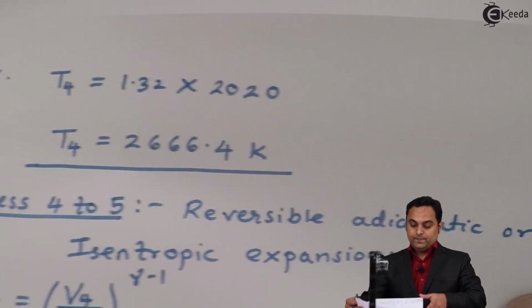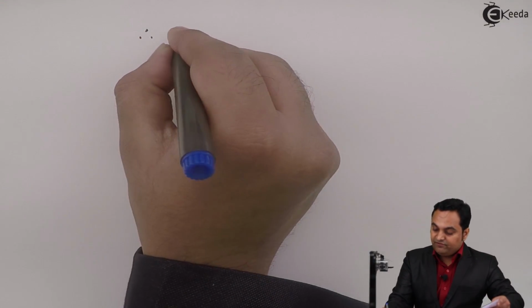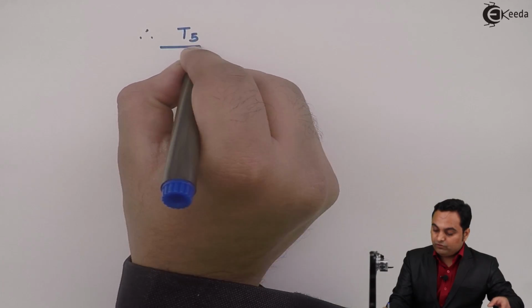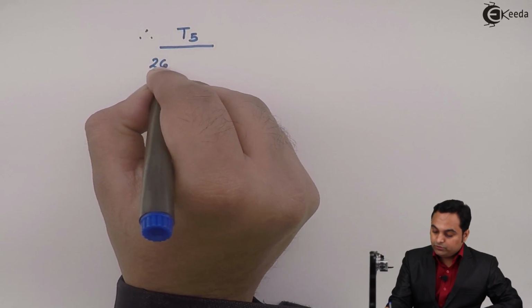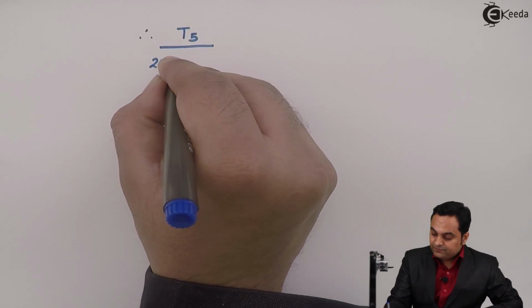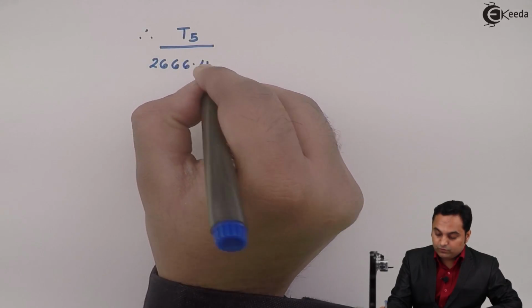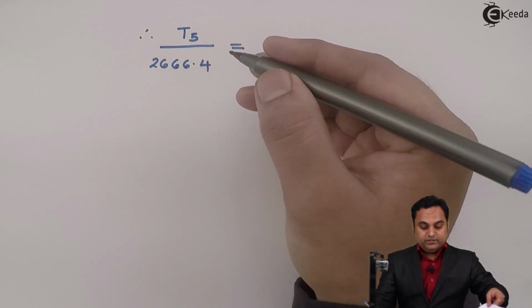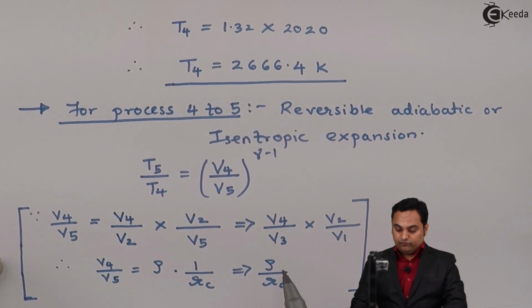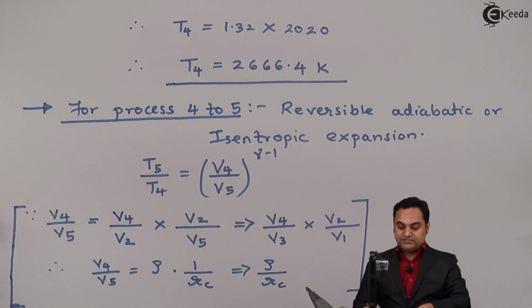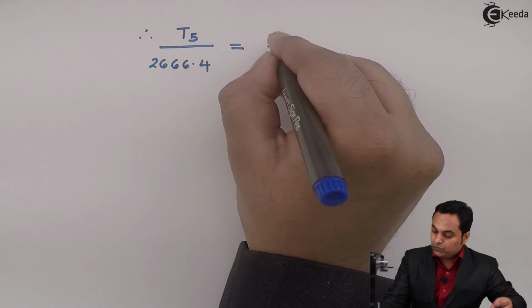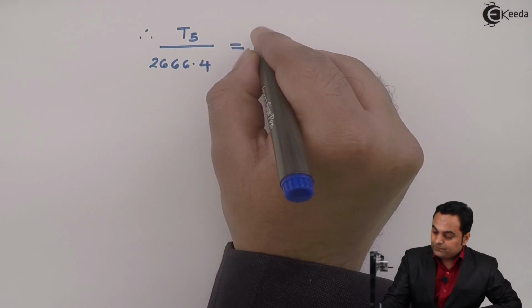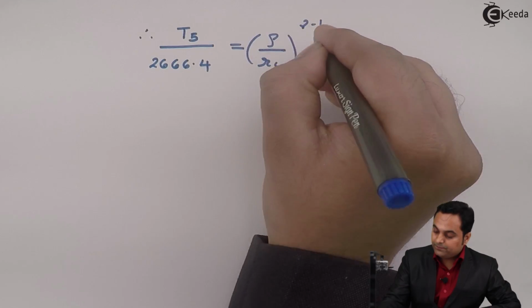Now once I know the value of V4 by V5, I can shift it here. So T5 upon T4, the value we have calculated, 2666.4, is equal to V4 by V5, which is rho upon RC, raised to gamma minus 1.